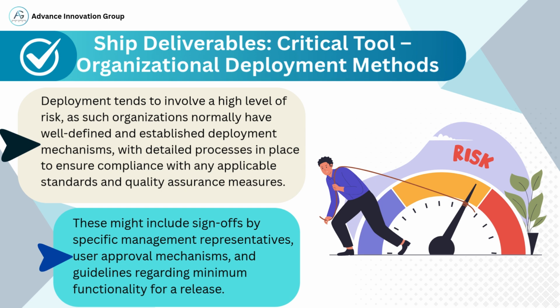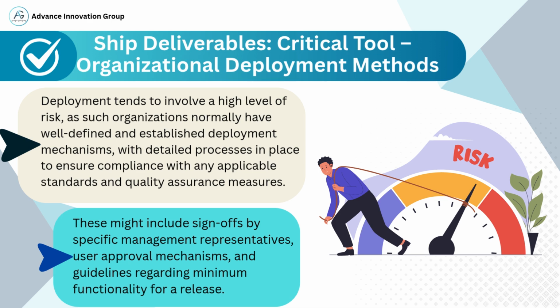Before a product is released, approvals are often required from specific management roles, such as the product manager, quality lead, or operations head, to ensure everything aligns with business and compliance standards. 2. User approval mechanisms. Some deployments may require input or approval from end users or client representatives, especially in enterprise or B2B environments. This step confirms that the deliverable meets customer expectations before full rollout.